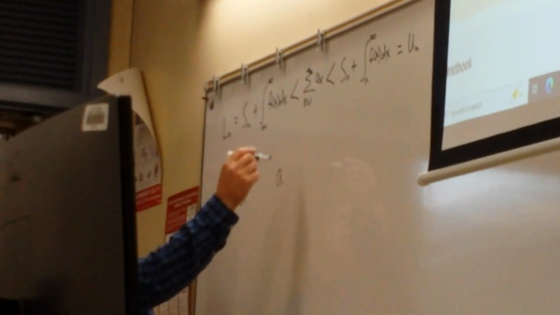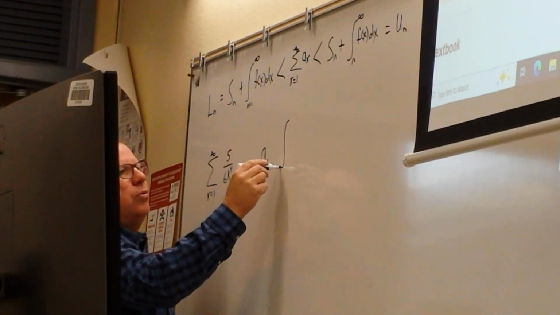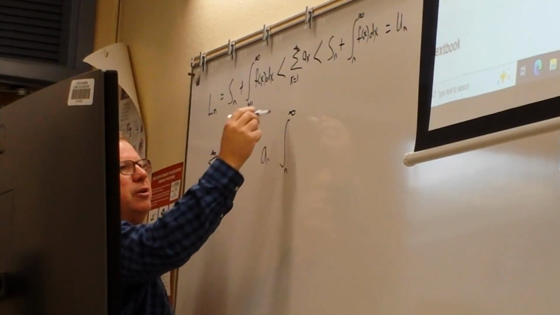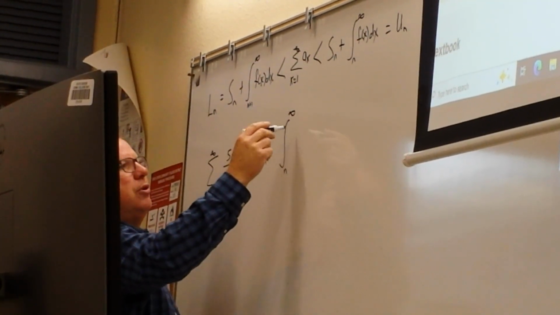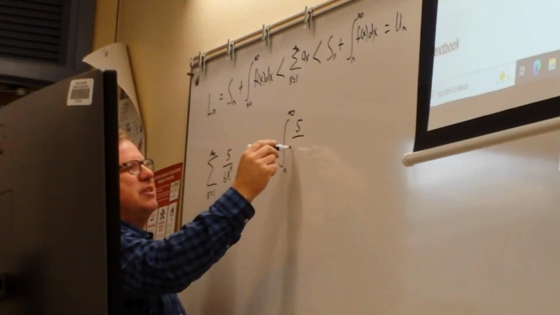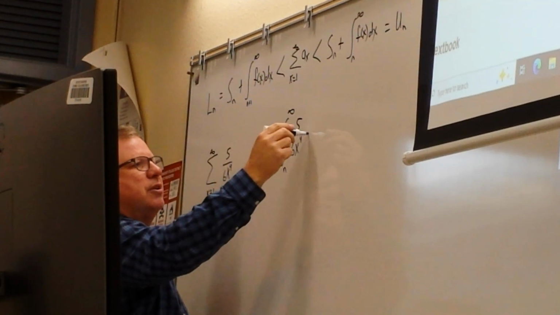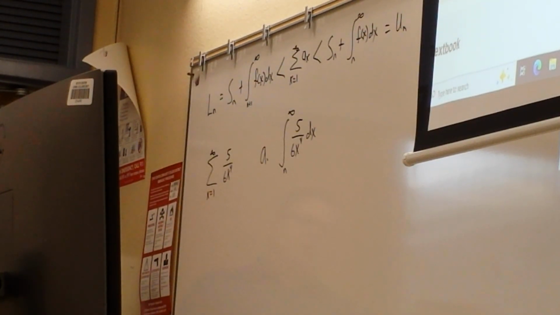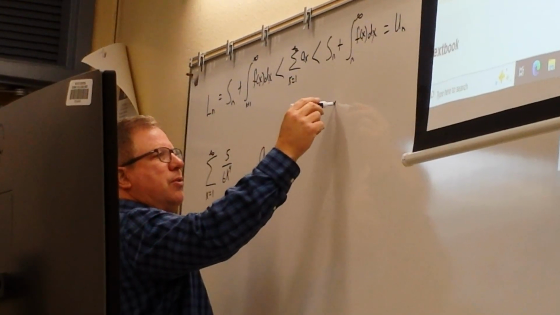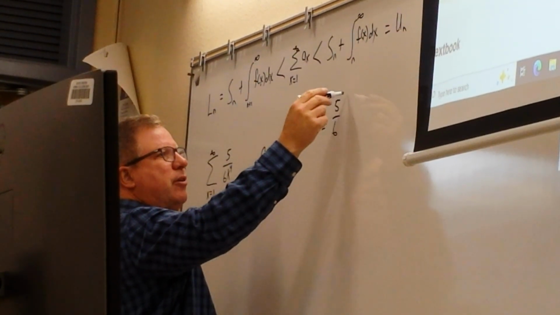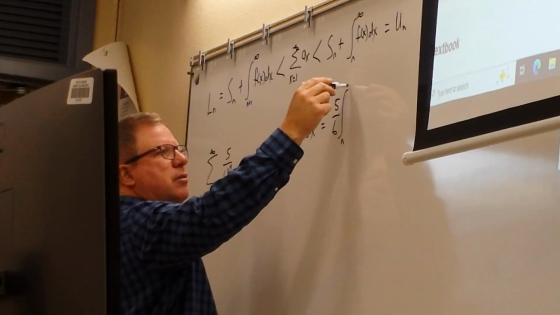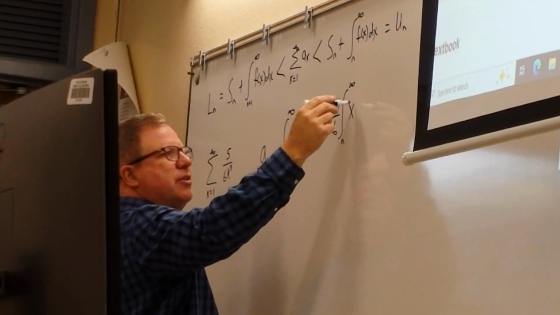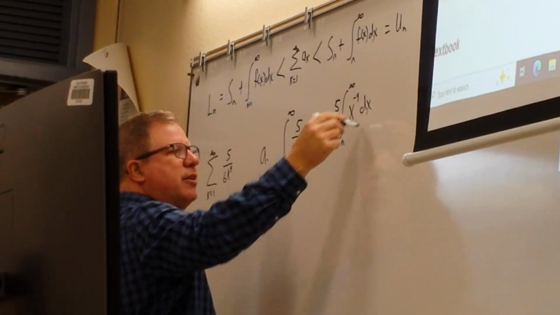This is part A. I'm going to do the integral from n to infinity of 5 over 6x to the 4th dx. I'm going to rewrite that as 5/6 on the outside and x to the negative 4th on the inside.